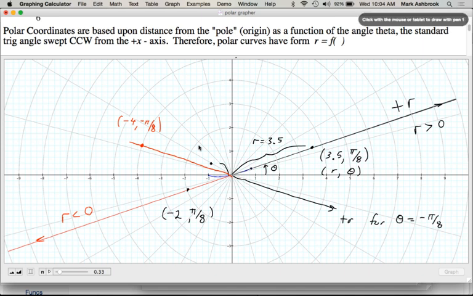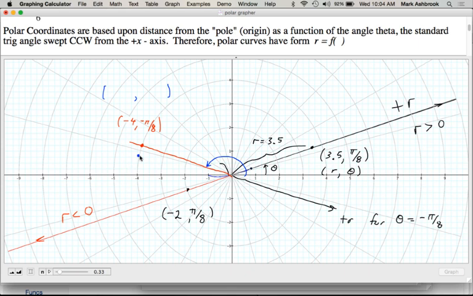Okay. So if we wanted a positive angle to get us there, we could do it in blue. What angle would that be that would go along this same trajectory as negative pi over 8?